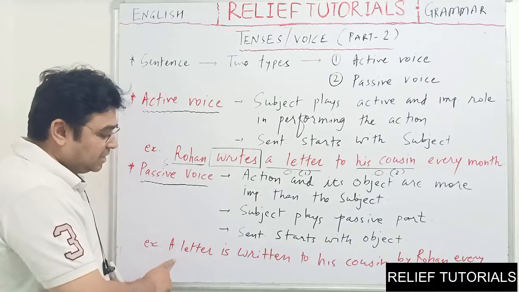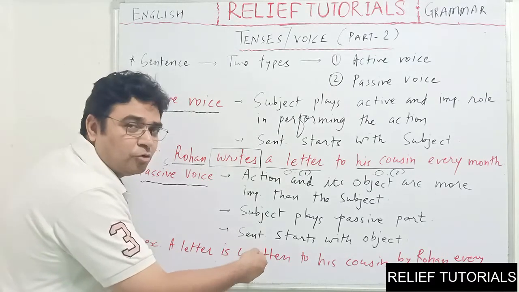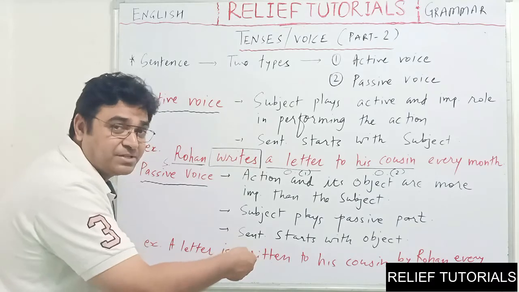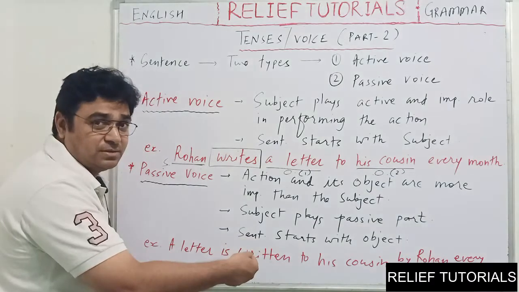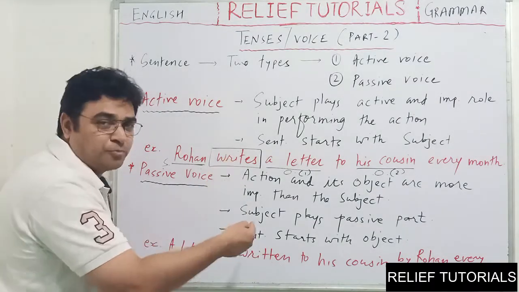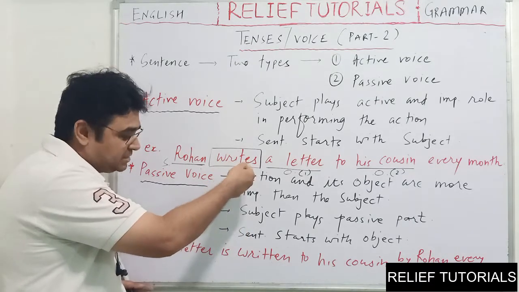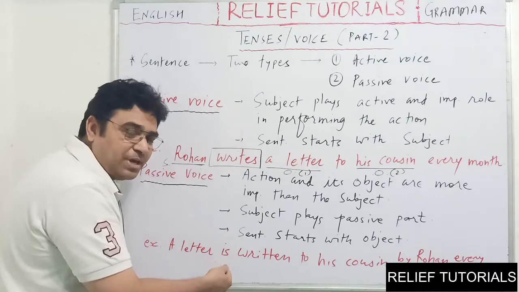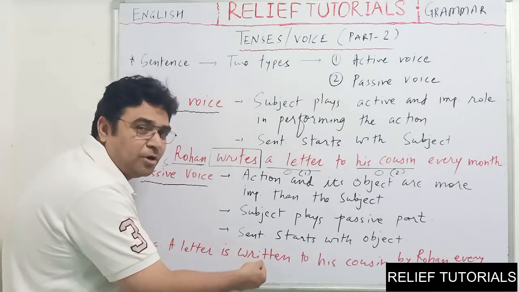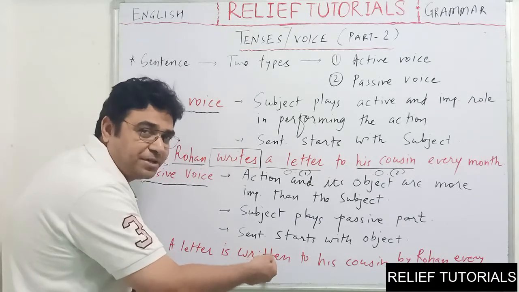Now the passive voice verb form of the same tense, simple present tense, is different from the active voice form. Here it is writes, the root form followed by s. Here the helping verb is, and the past participle of the verb write, that is written.